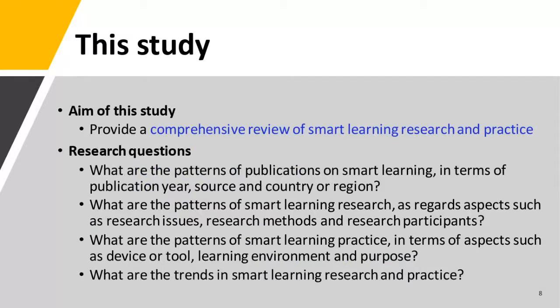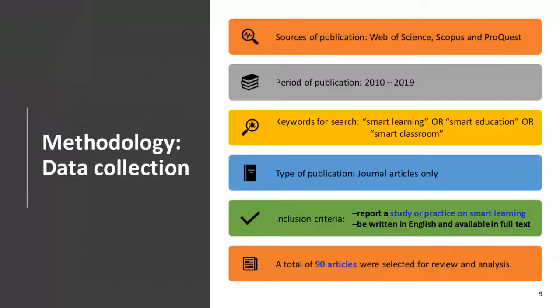I have looked at the patterns of the publication, patterns of research, what we have focused on, and the trends. As it is basically a literature review, I have selected from a wide range of sources.